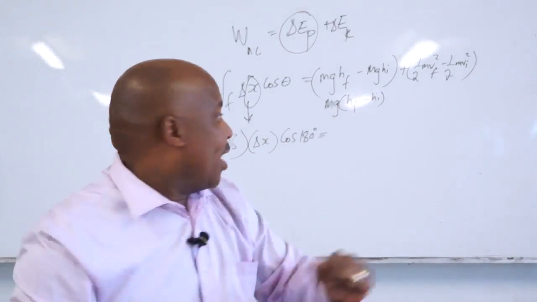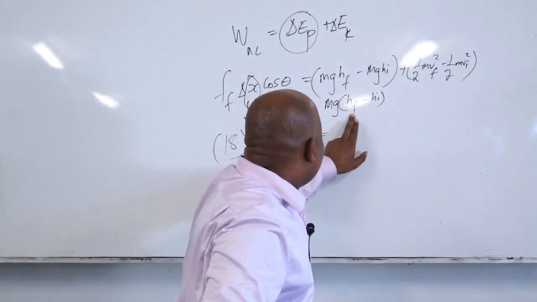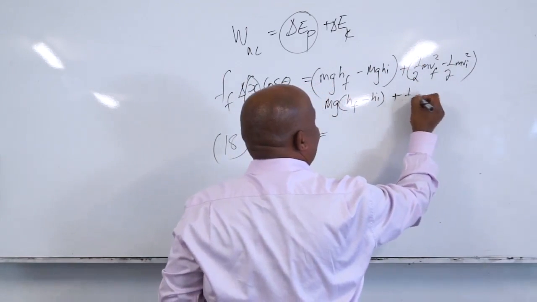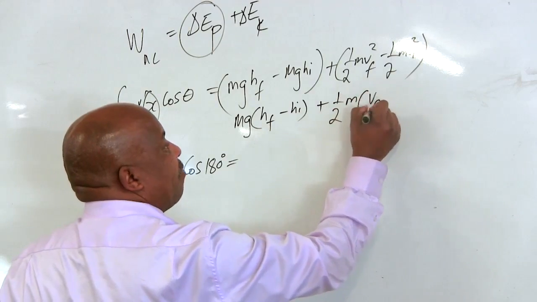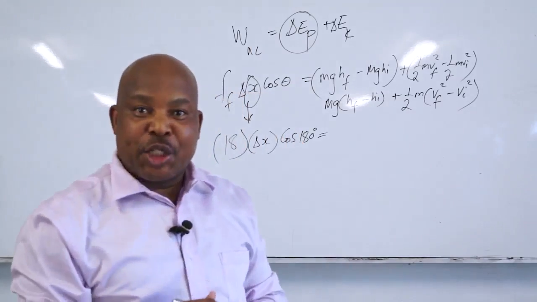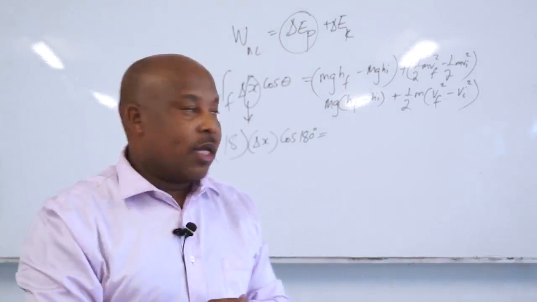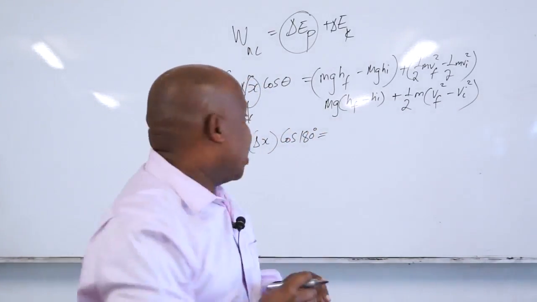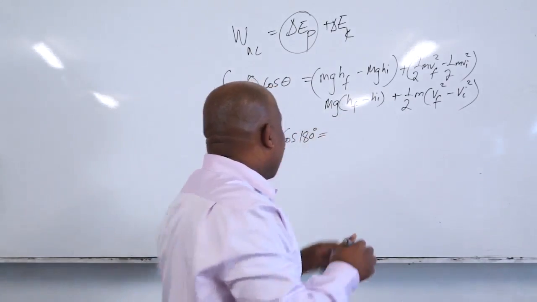What is changing there is only height final and height initial. Same with this side. You can say half m, v squared final minus vi squared. The mass cannot change. What is changing is only the velocity.